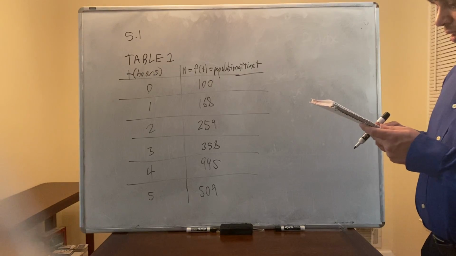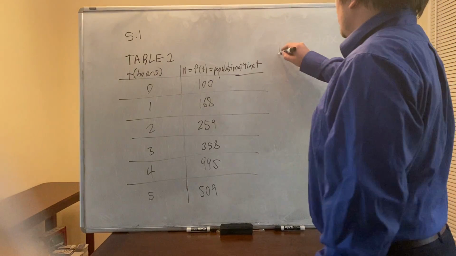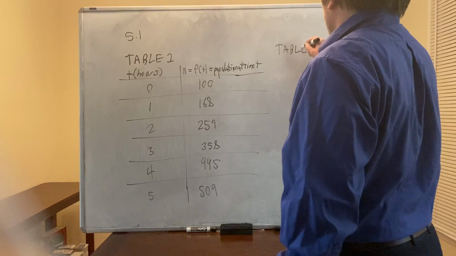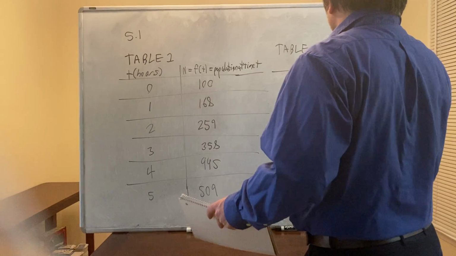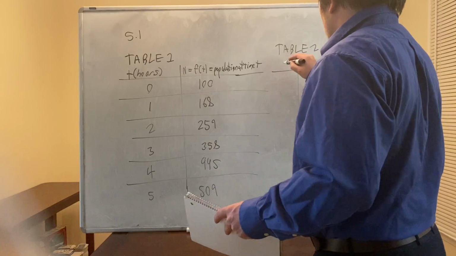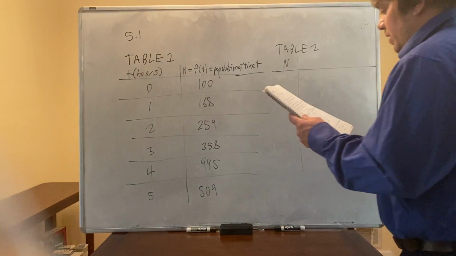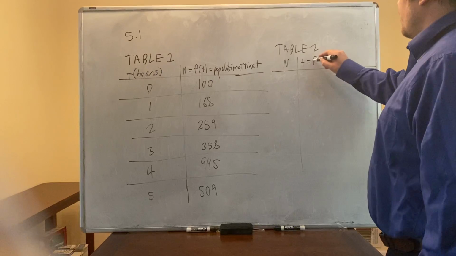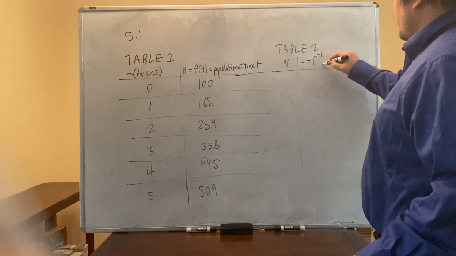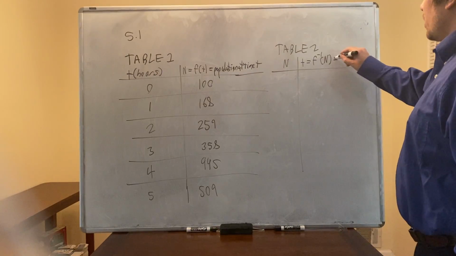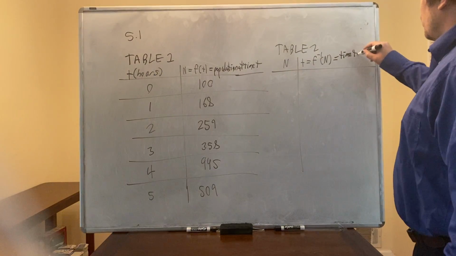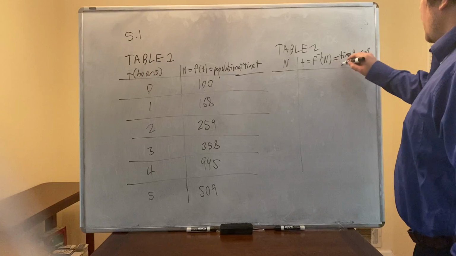Okay? And so in table 2, I'm just going to think of the opposite direction. Okay, so let's say the first column is capital N, and T is equal to F inverse of N. And this is equal to the time to reach N bacteria.